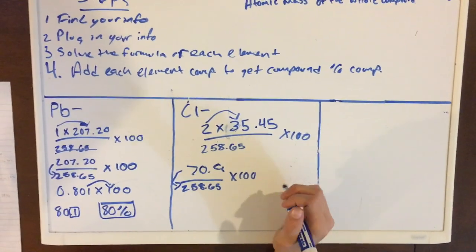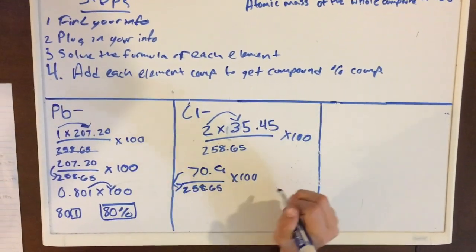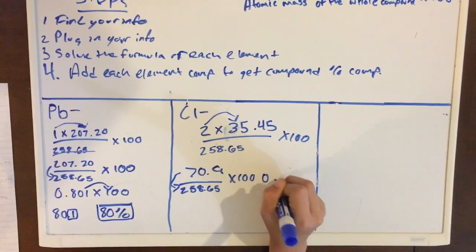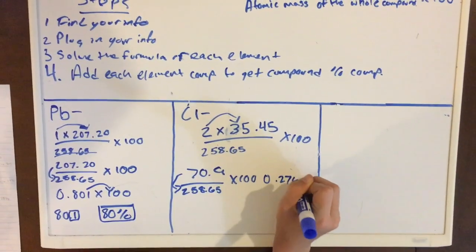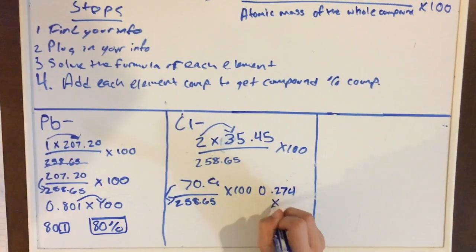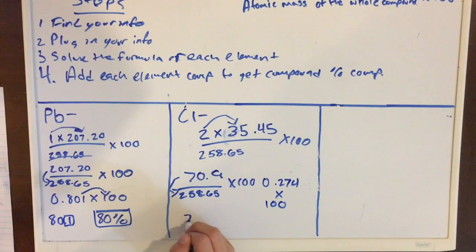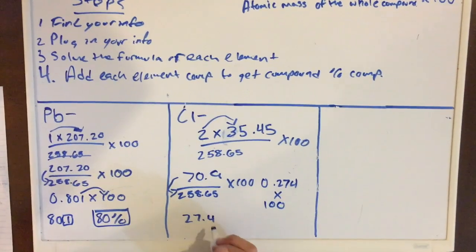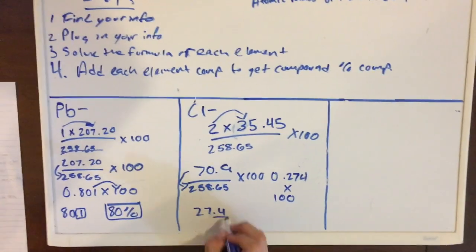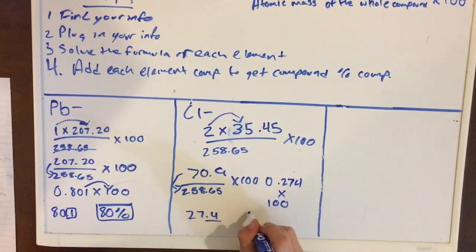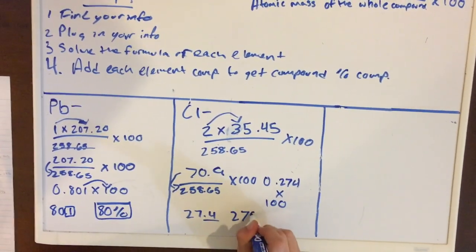So what you also want to do, once you get this answer, which is 0.274, multiply that by 100, and you will get 27.4. But you're not done yet because you still do not want a decimal in your final answer, so you will round it down to 27%.